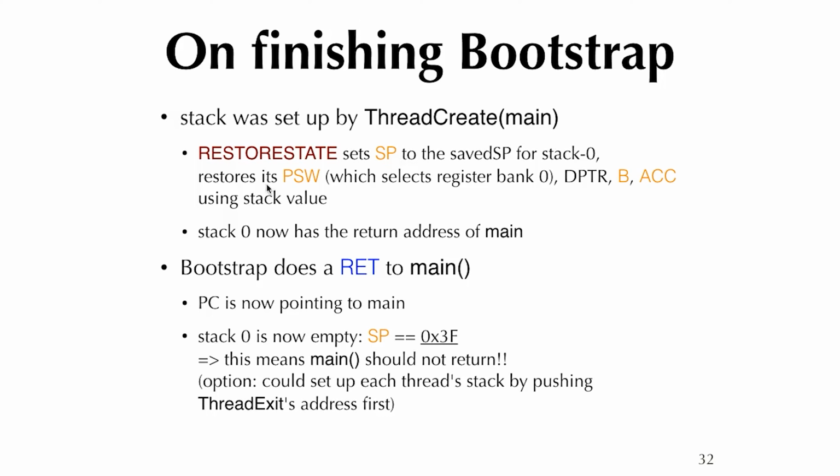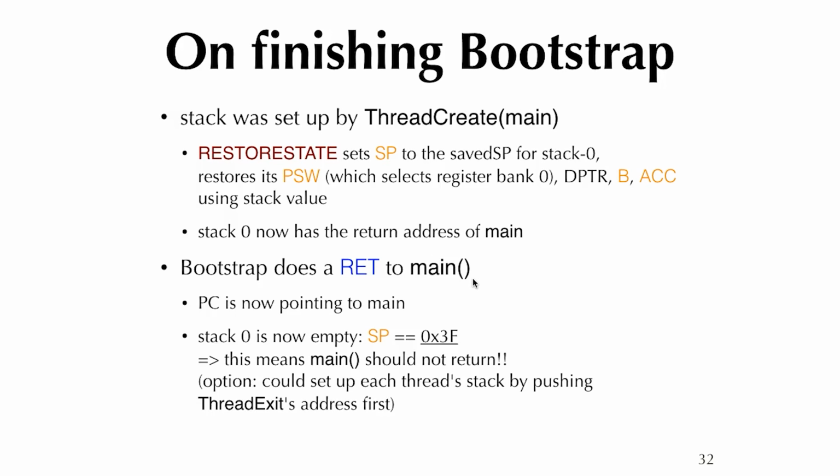Okay, then you can run. It restores PSW, which selects register bank 0, which is fine. The DPTR, B, ACC all get the initial value. Stack 0 now has the return address of main. So when you return, it uses that stack, right? Thread 0 stack, and then returns to main.